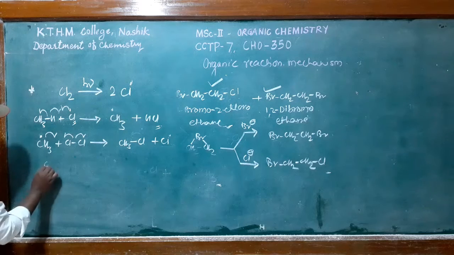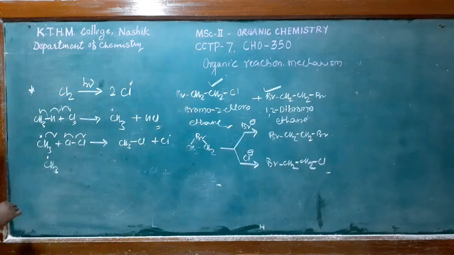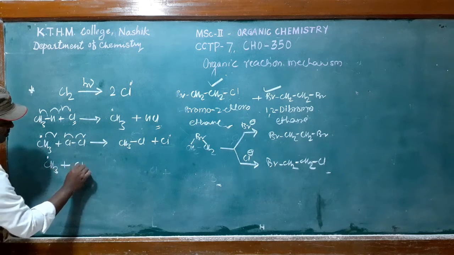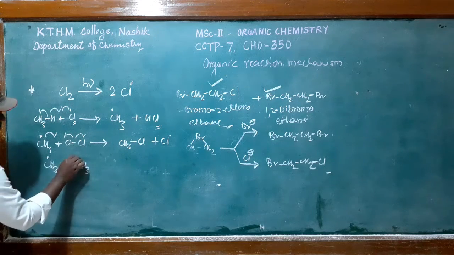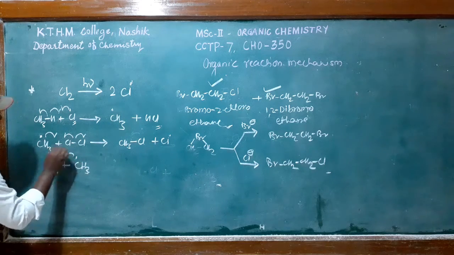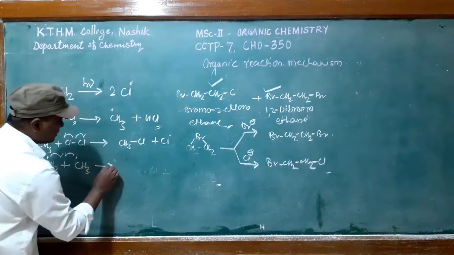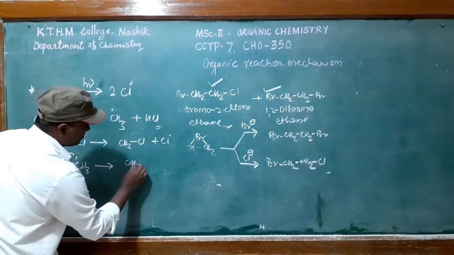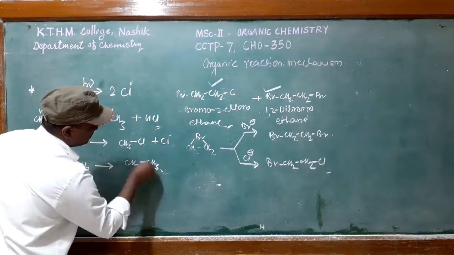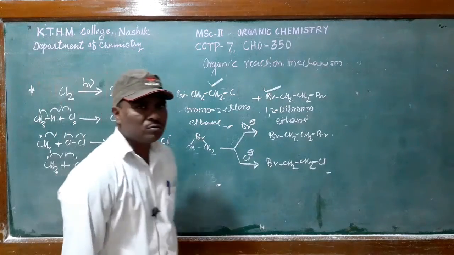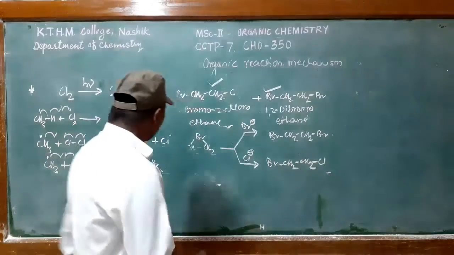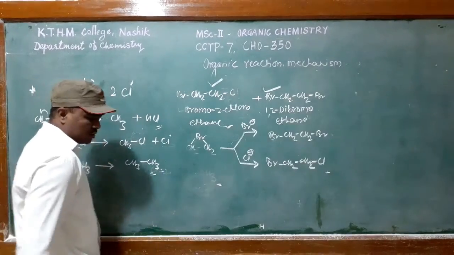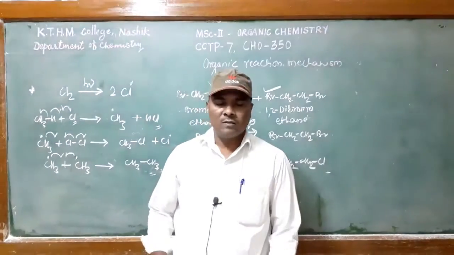One methyl radical can recombine: we say recombination, these two methyl radicals come together and end up giving this ethane. So that's why, when we do chlorination of methane, along with the methyl chloride, we obtain ethane in the reaction.